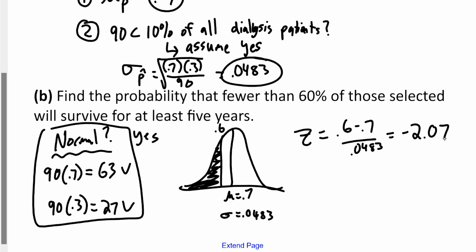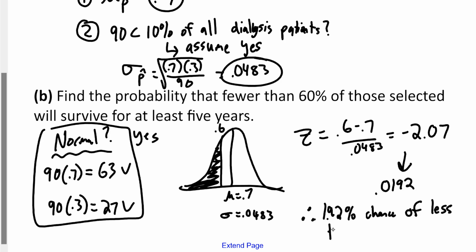And if I go to the left of that, it's very low on my z-score. It's 0.0192. So really, there's only a 1.92% chance of less than 60% surviving.